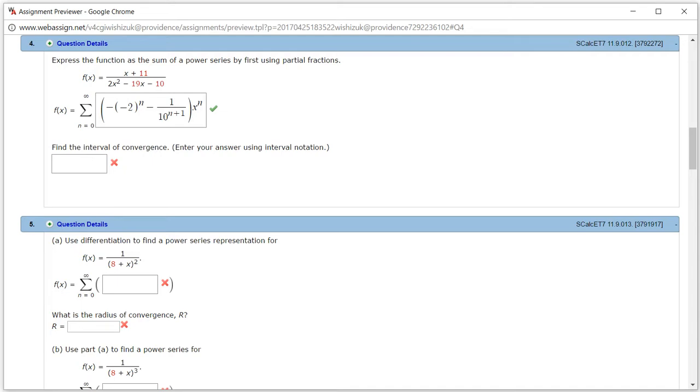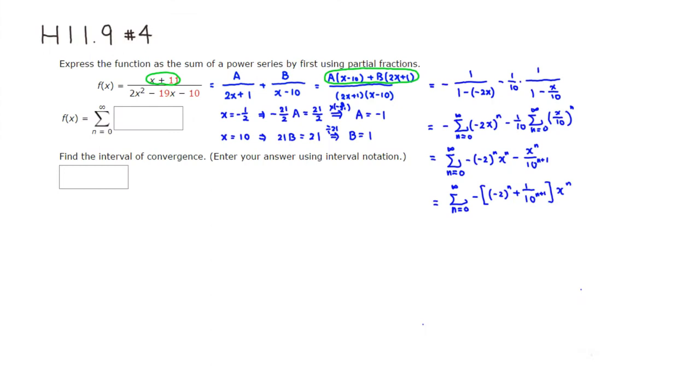Now we want to find the interval of convergence. It's pretty easy to find because this is the R value. We want to make sure that the absolute value of negative 2x is less than 1. That's the first condition. The second condition is another R value for the second series: the absolute value of x over 10 has to be less than 1. From here, we divide by 2, and the negative sign goes away because of the absolute value.